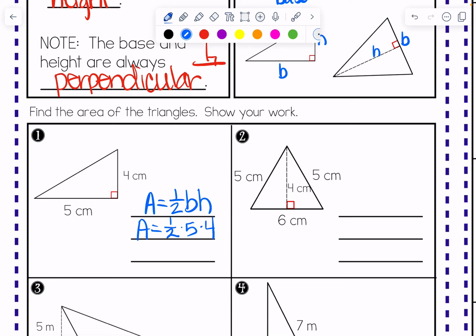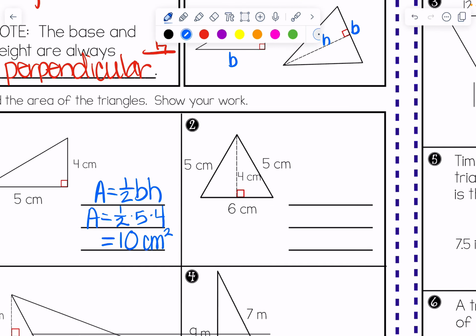Multiplication is commutative, which means I could multiply the 5 times 4 first and then take half of that, or I could take half of the 4, which would be 2, and then multiply it by 5 to get my answer as well, okay? So half of 4 is 2 times 5 would be 10, and we would still get that answer if we did 5 times 4, which would be 20, and then take half of that. And because this is area and we're focused on the inside of that shape, that's going to be square centimeters.